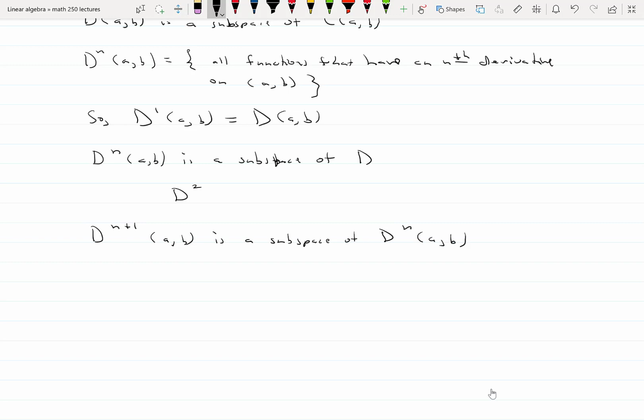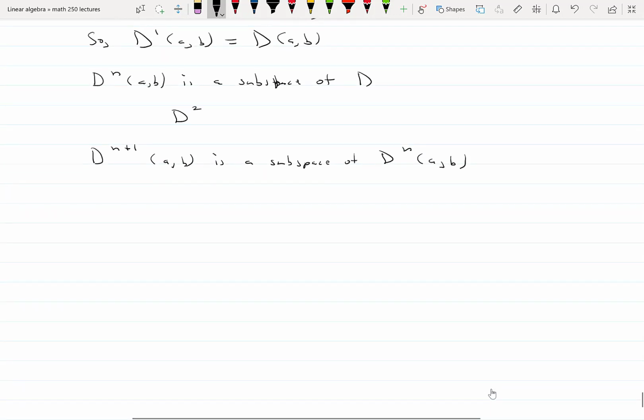If you have an n plus first derivative, in order to get to that derivative, you had to take n derivatives, and so you had an nth derivative, but not the reverse. Just because you have an nth derivative doesn't mean you have an n plus first derivative. So Dn plus 1 is a subset of Dn. It's actually a subspace of Dn. We're not going to prove it. I'm just listing common subspaces.